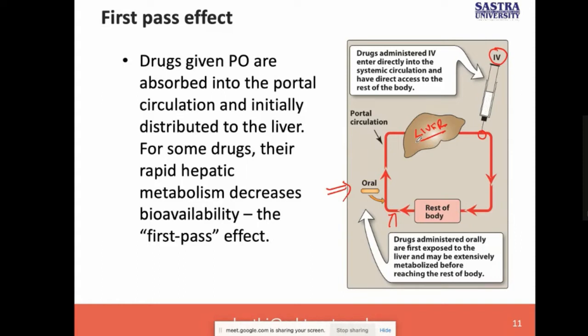Any foreign element that enters the body, like a drug molecule, bacteria, virus, or any other pollutant, the liver can recognize it and synthesize many enzymes that can destroy those foreign elements. This is not the immune system, don't get confused. This is a very normal job of the liver.